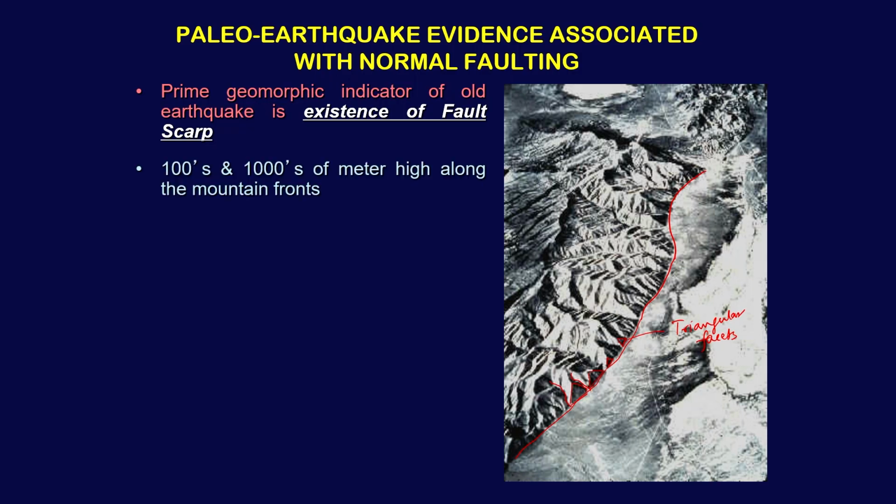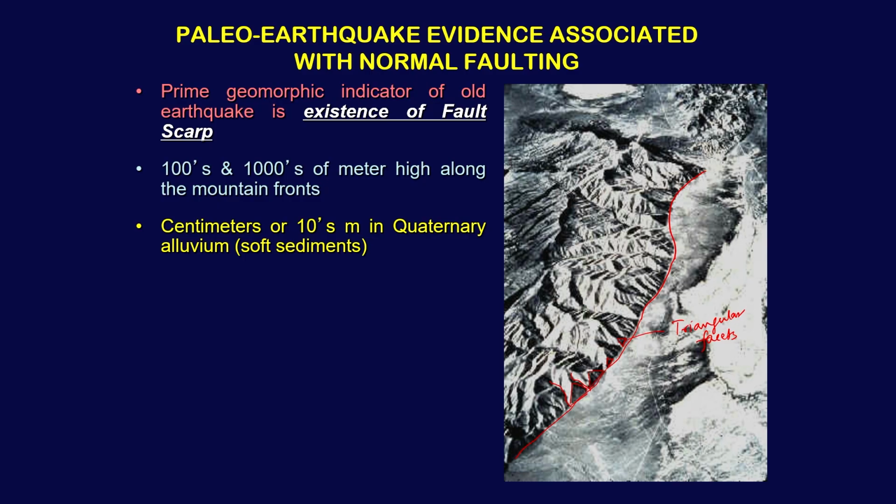So, hundreds or thousands of meters high along this is the fault scarps. It can be quite high. Then centimeters or tens of meters in Quaternary. If you see the older scarps, because the ongoing deformation is there since long, then you may come across hundreds of meter high scarps, and that is mountain fronts.